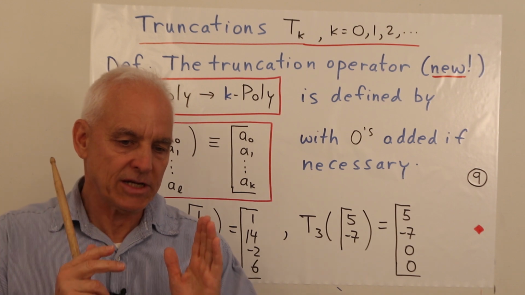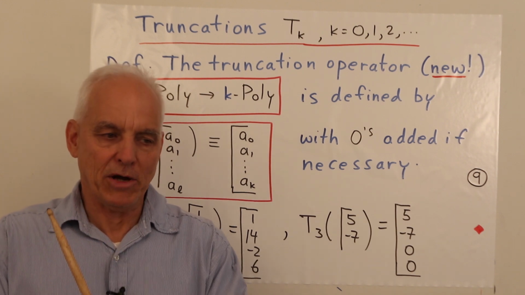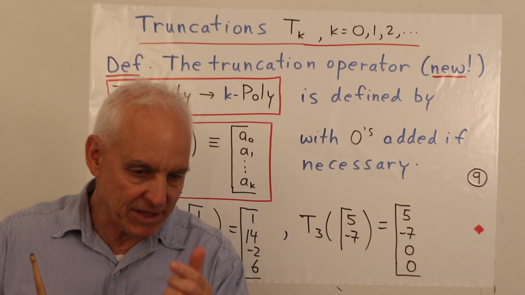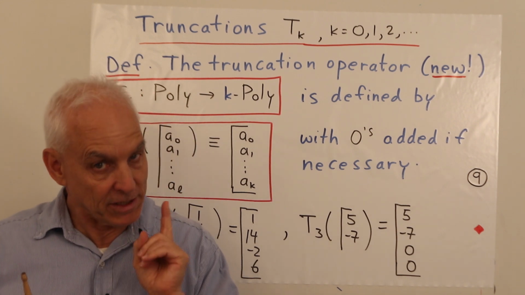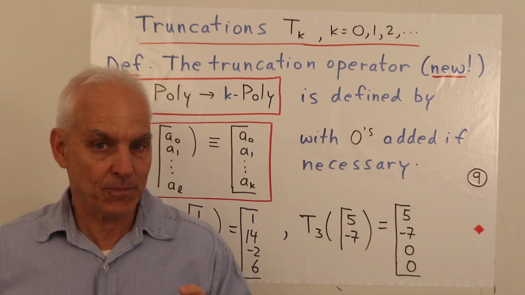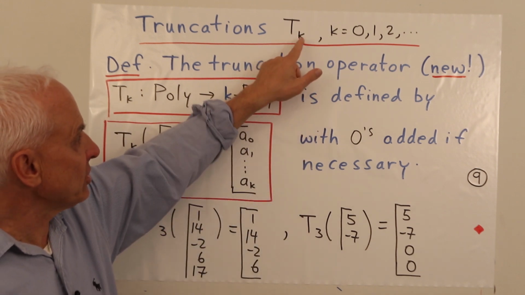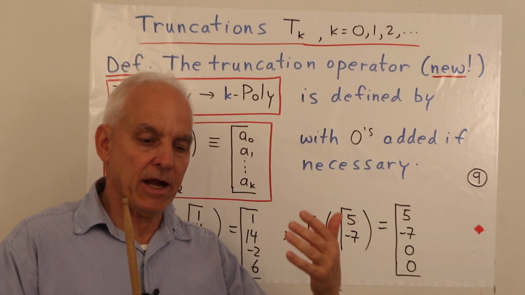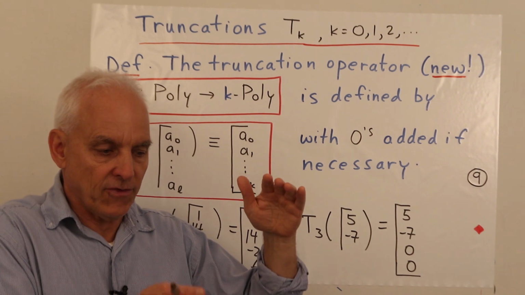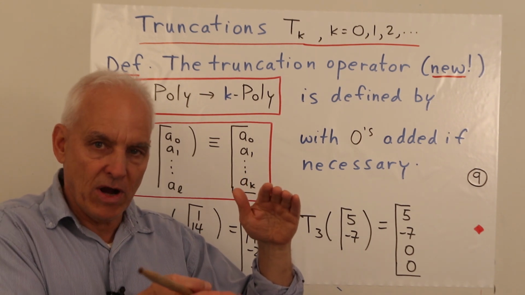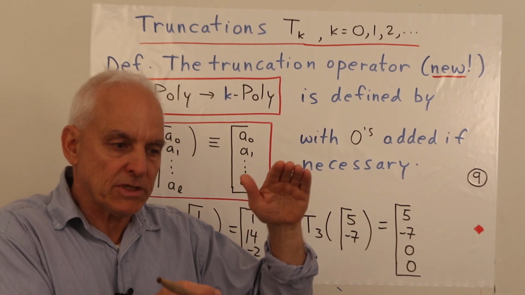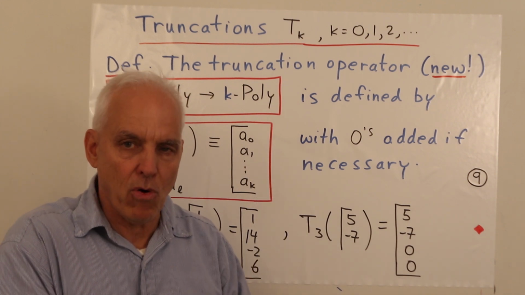Okay, and now let's introduce truncations. But we're going to have a little bit of a different spin on truncations than we did last time we talked about this. So we've talked about truncations t sub k, and the idea there was that truncation is, you take a polynumber and you just truncate it. Terms up to a certain degree and then no more.